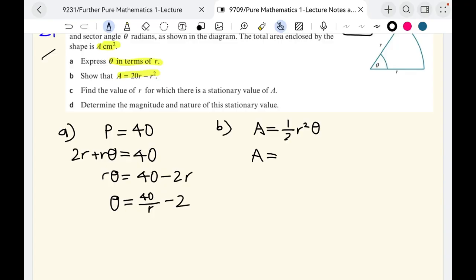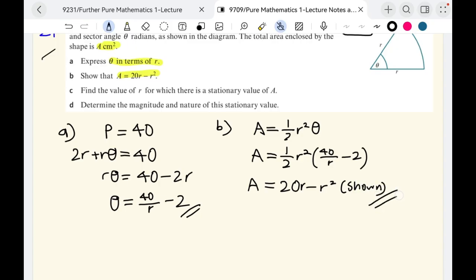From the theta you have derived, get rid of the theta by substituting theta as 40 over r minus 2. Now you expand, which you will get 20r minus r squared. Therefore, shown. Okay, so it's very easy.